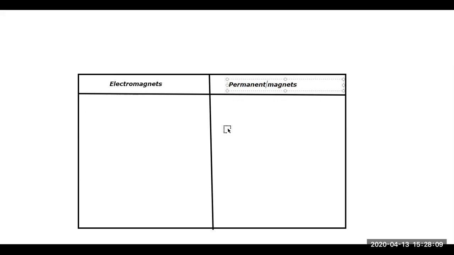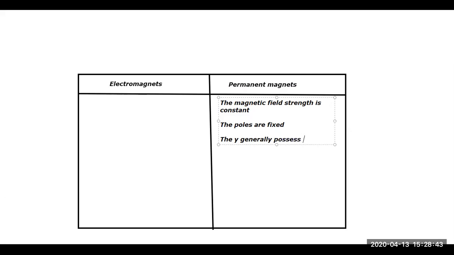Yeah, so let's first put down the points under permanent magnets. In permanent magnets, the magnetic field strength is constant, children. Are you clear about that? You cannot change it. The poles are fixed. It cannot be varied. And they generally possess weak magnetic fields.